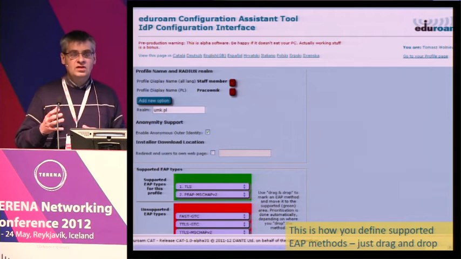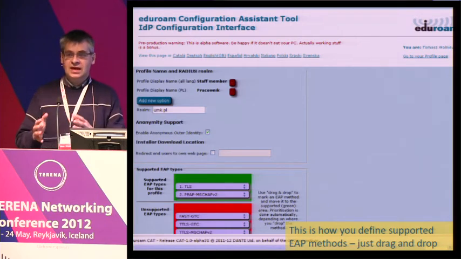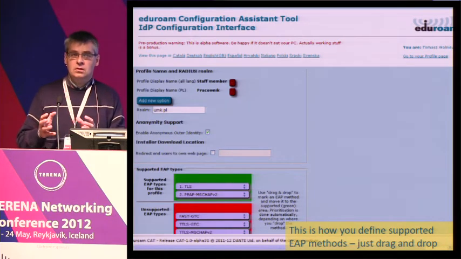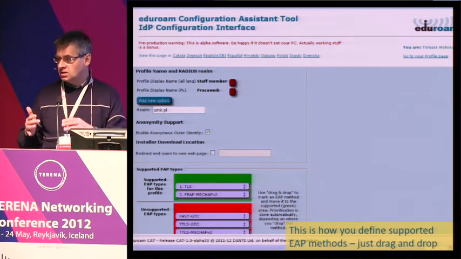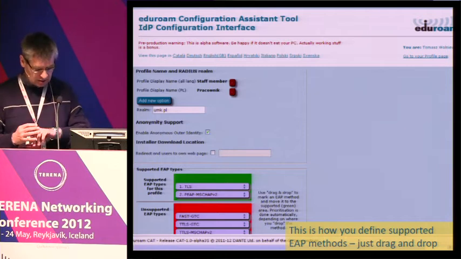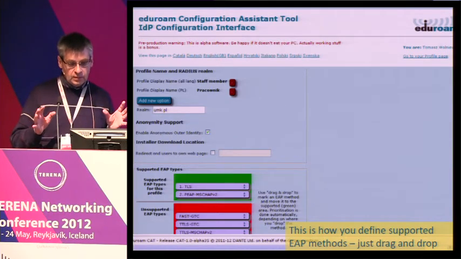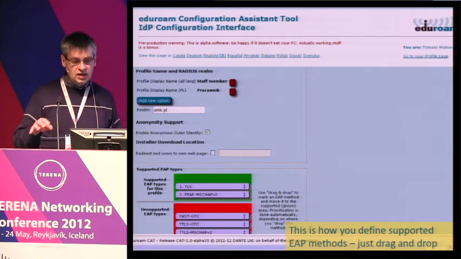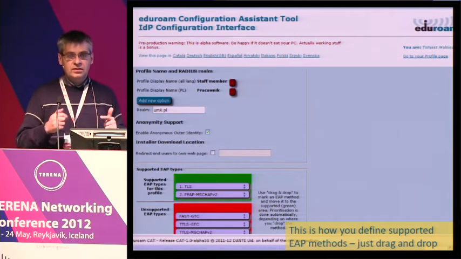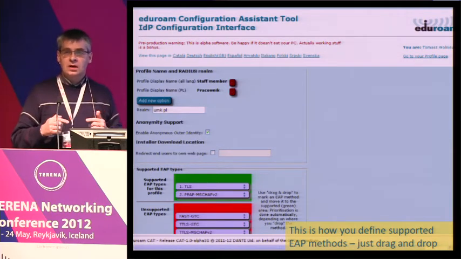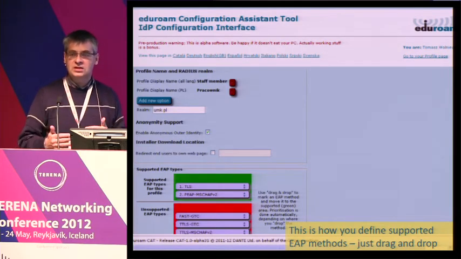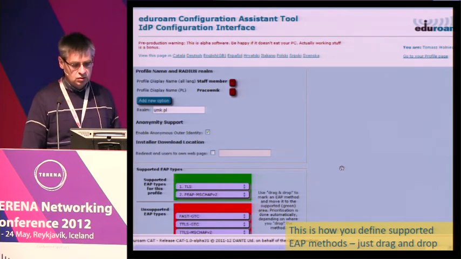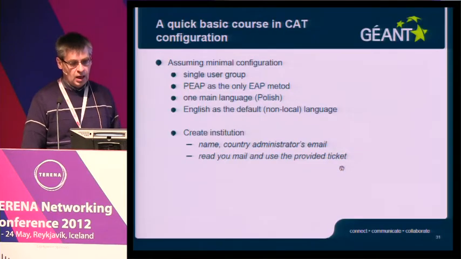If you have a device which can only support a given EAP type, like for Windows XP, at this moment we support just the TTLS thing, then CAT can pick out the best EAP method for a given device. If you give it more possibilities, then it has more chance to actually show something.